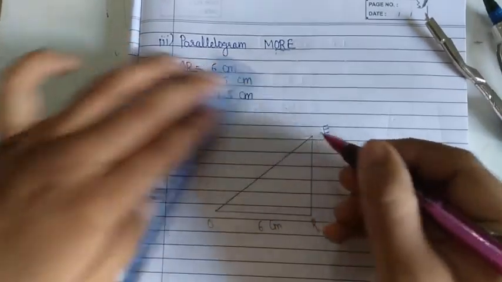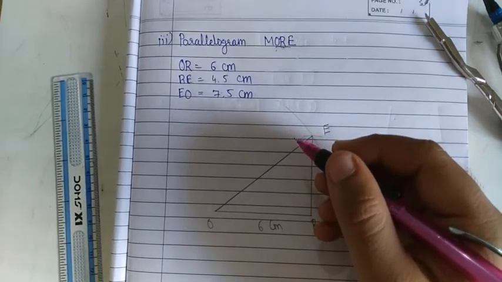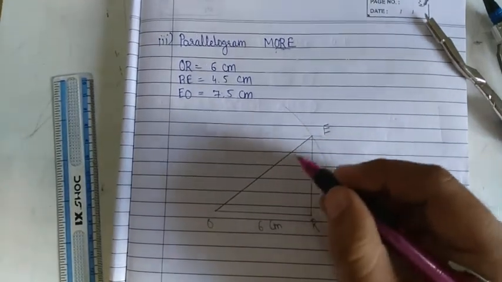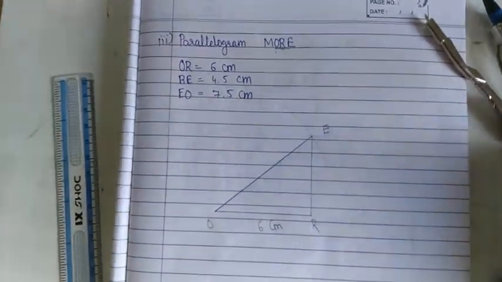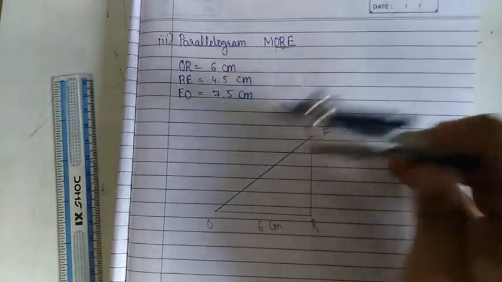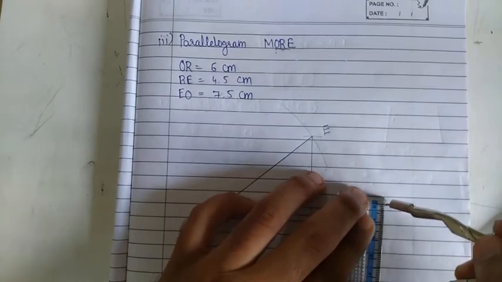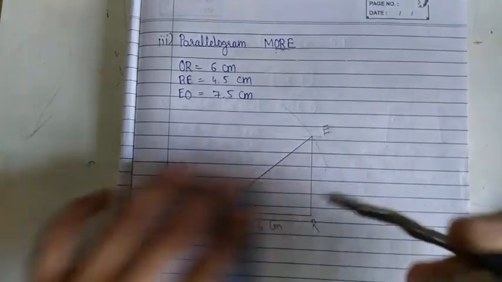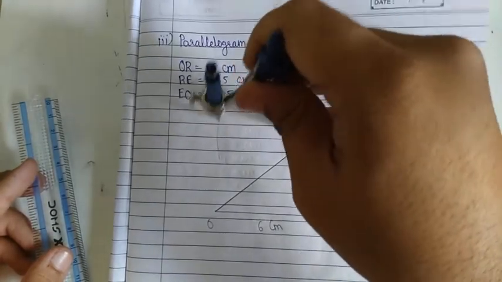So friends, we know that in the characteristics of the parallelogram, opposite sides are also same and parallel. So this one is 6 centimeters, so this side is also 6 centimeters. So I just take the scale, take E as a center and draw the arc of 6 centimeters.